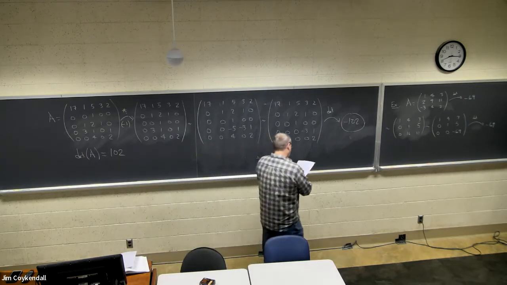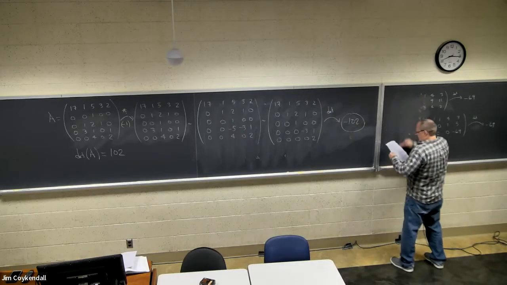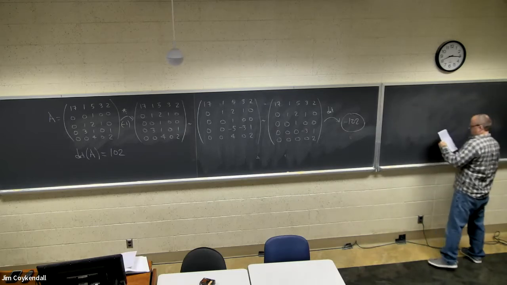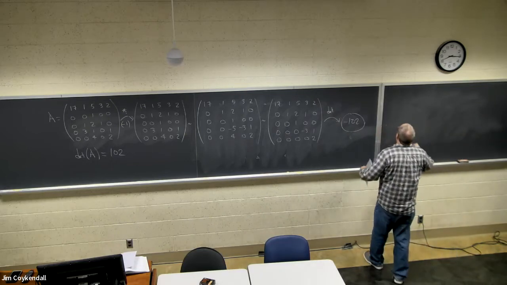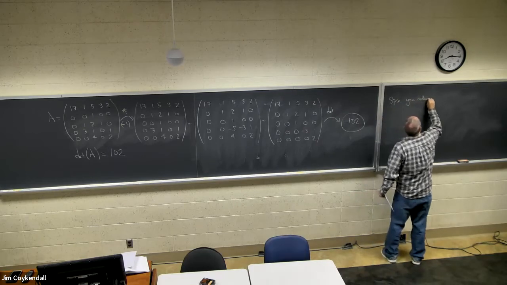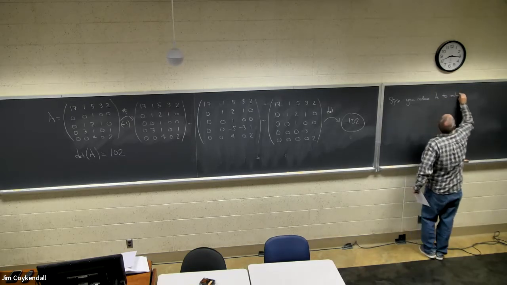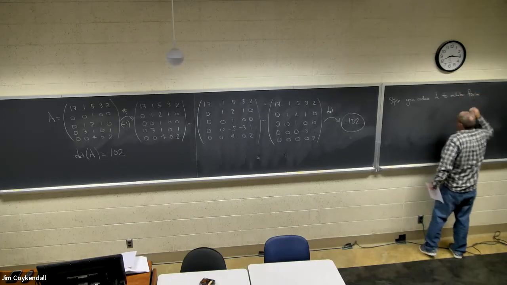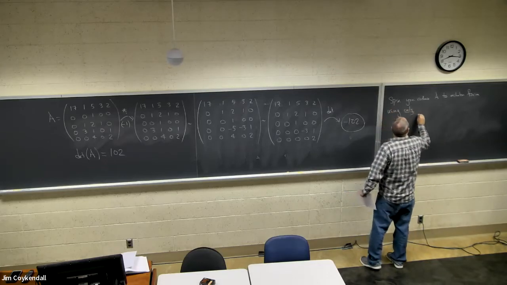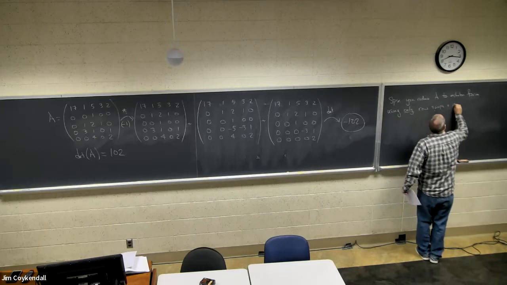So let me give you an example here. Suppose you reduce A to echelon form using only row swaps and row replacements.